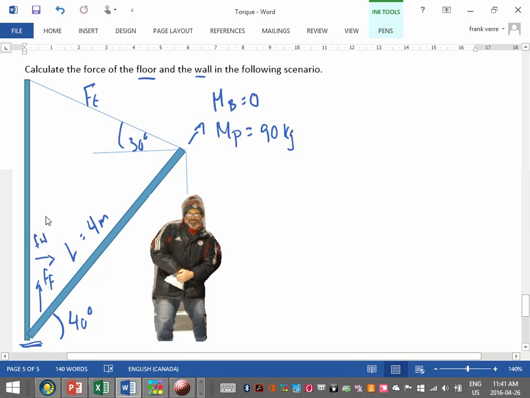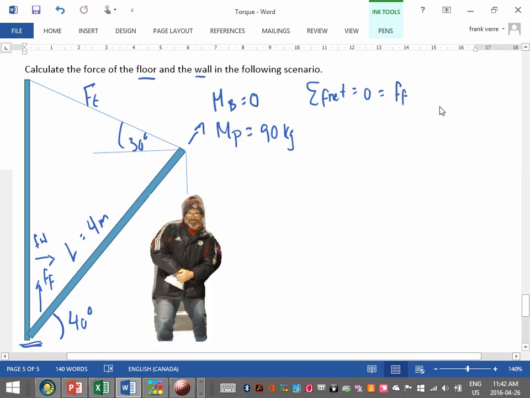Okay? So again, we did the exact same thing we did before. We know that the net force is 0. So what are the forces acting up and down? What's acting up? Yep. So up would be the floor.